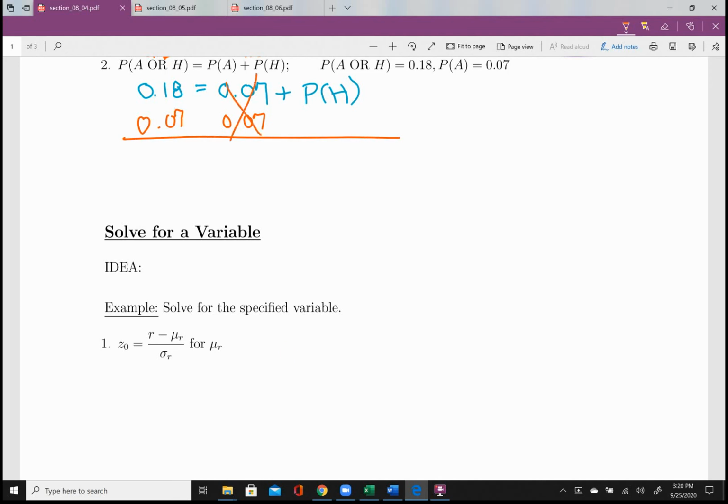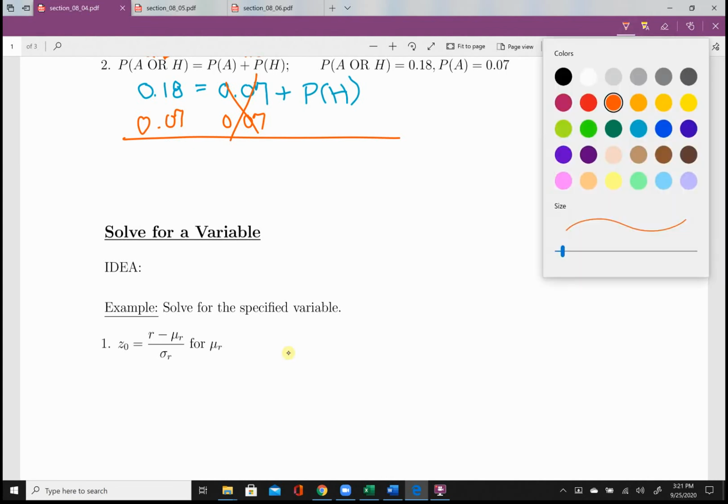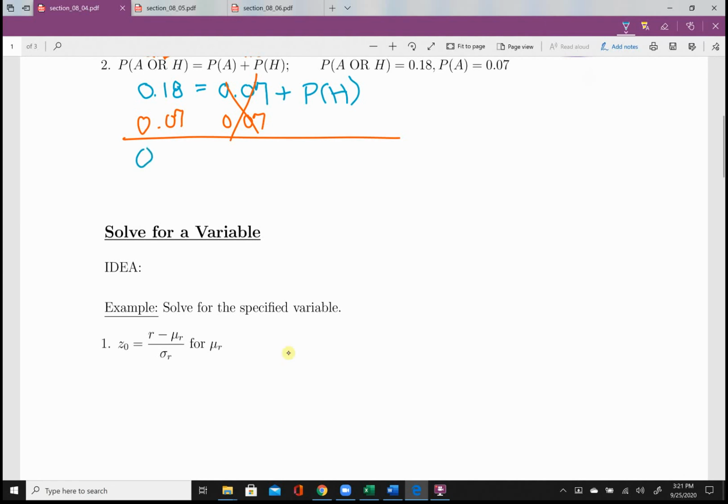It'll eliminate it here, and that'll give us 0.11, and that's equal to P of H.